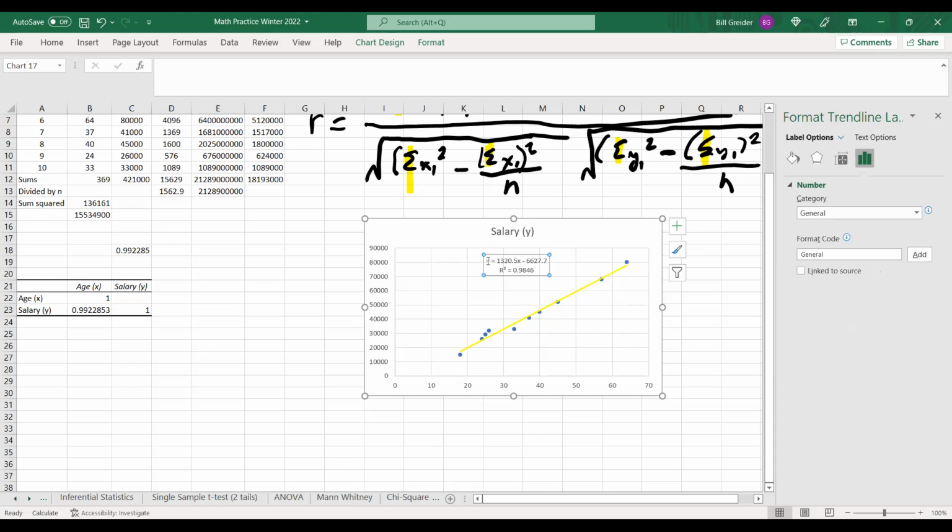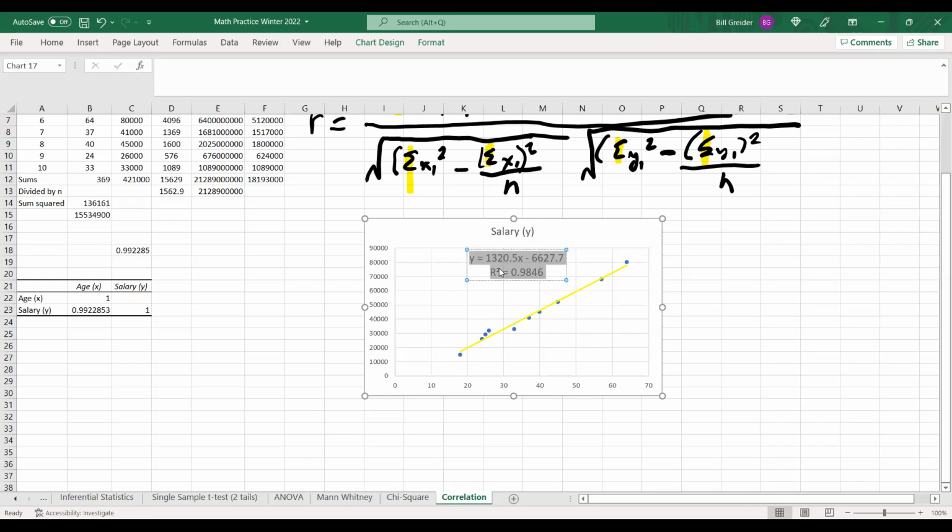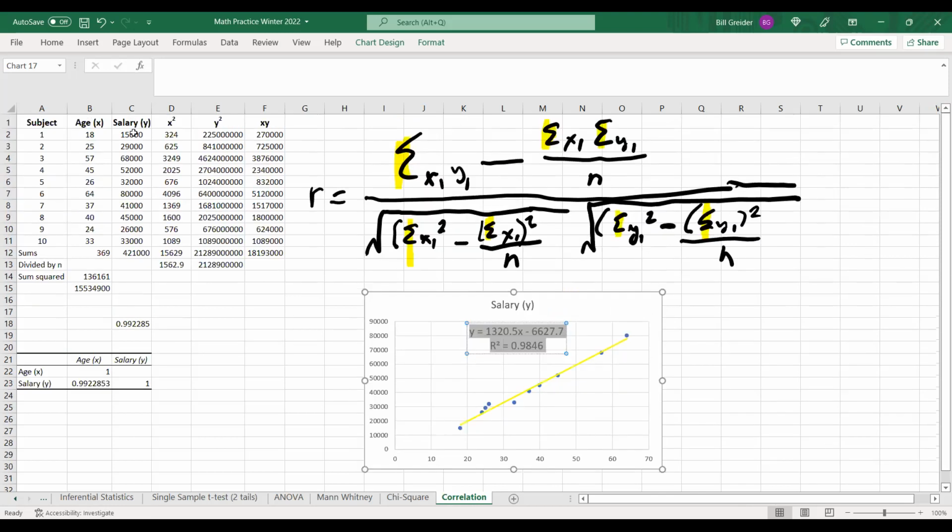And I'm going to take you through the formula real quick. All right. So that is the formula. Y is equal to 1320.5 x minus 6,627.7. So if I plug a Y in here, and the Y's are, again, my salary, the dependent variable.